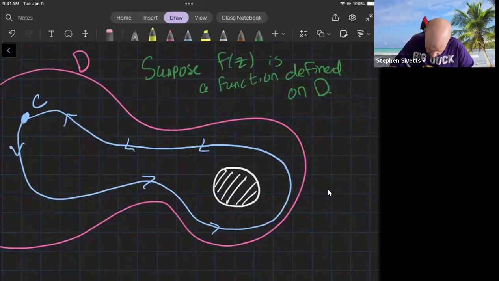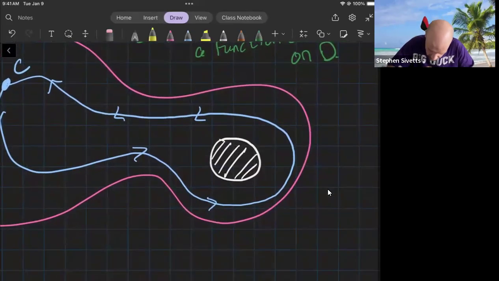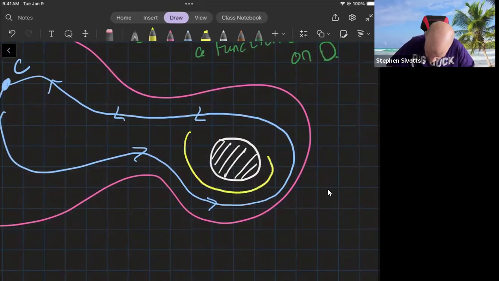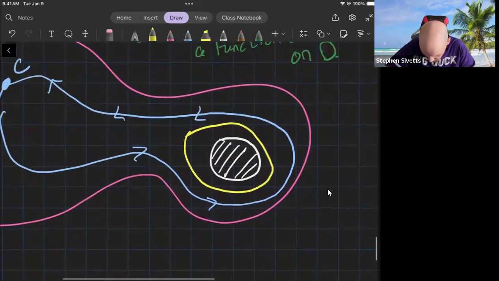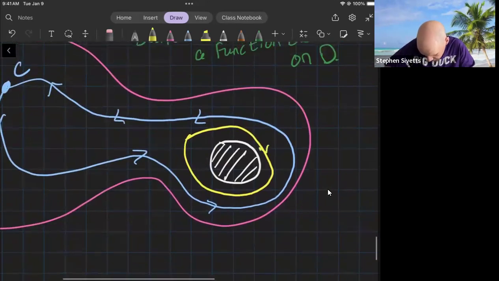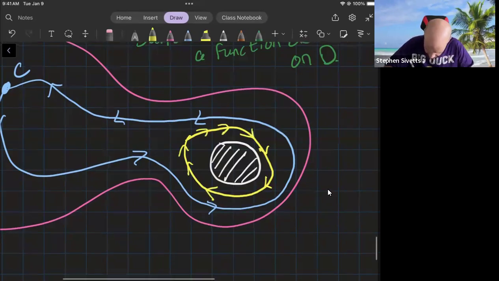Then what we can do is draw in a closed contour right about that region, okay? And then we can go in the opposite direction of the contour C. So that means we're going to go this way. Okay. All right.